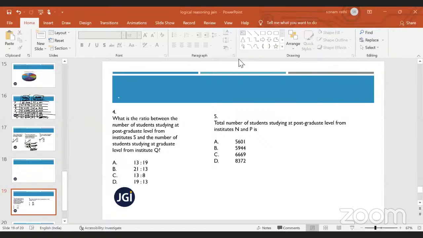Zishan, you have to check again. You will get the correct answer. Some calculation error you might have made.